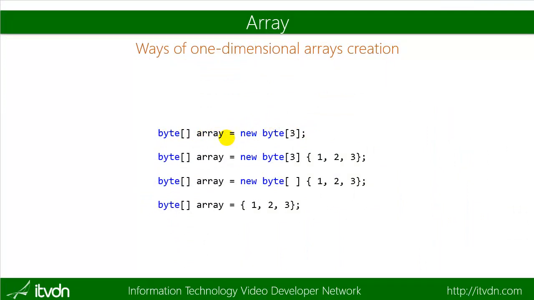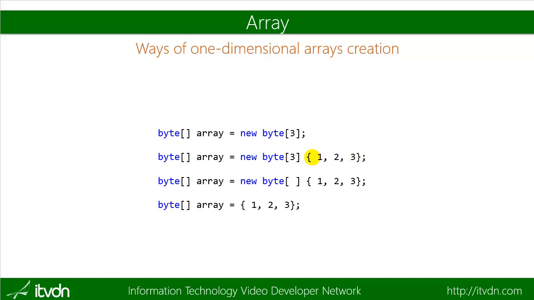Now we have seen that, and this type of construction is different from this. There is a difference between them. Why? Because after this 3 that we have in the open and closed square brackets, we have a set of numbers in our curly brackets, and these numbers are the equivalent of the values that we will assign to these 3 elements.